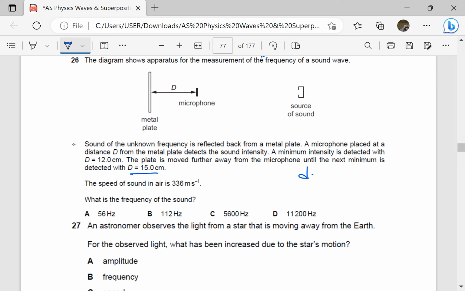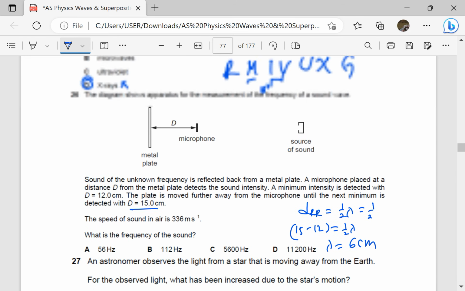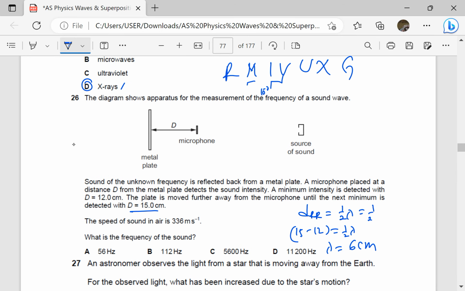So the distance between two successive points of interference is equal to half a wavelength. So this is going to be half. It means the distance, which is 15 minus 12, is equal to half a wavelength. So the wavelength is 15 minus 12, that is 3, times 2, which is 6 centimeters. Wavelength is 6 centimeters. What is the frequency? It is sound.